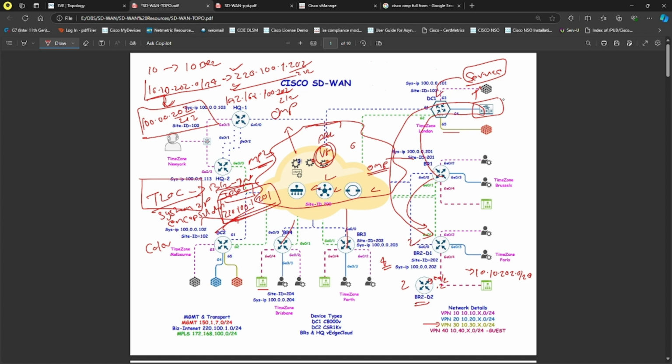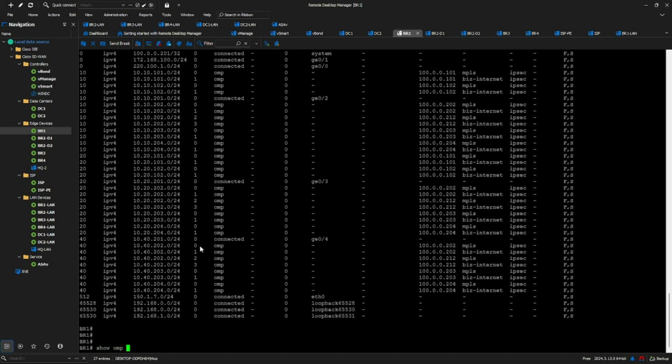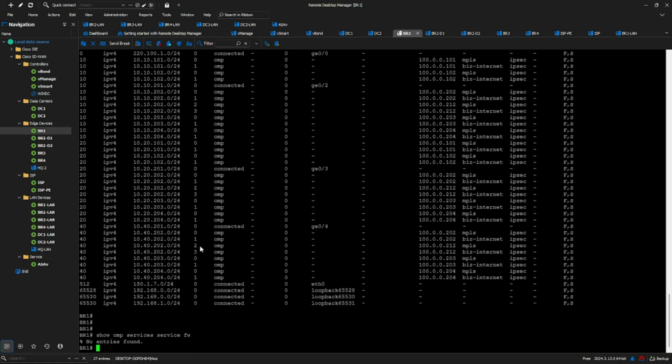Once the service has been advertised, it will propagate these details to the vSmart. Once the vSmart has the information, you create a policy. Then vSmart is responsible for pushing the policies to the respective devices and informing them that whenever they are trying to communicate with these subnets, they have to go via the firewall. Currently I don't advertise anything, so if I run show OMP services, service firewall, I get no entries found.